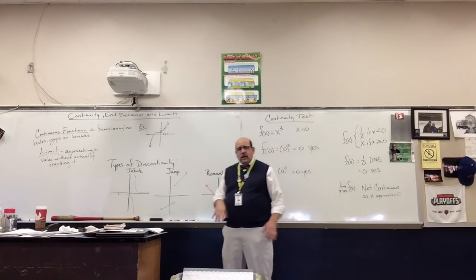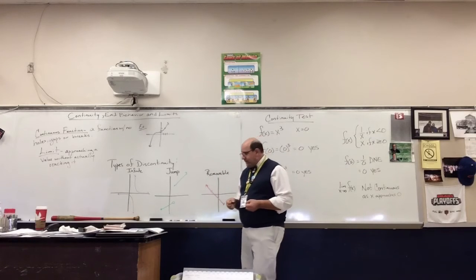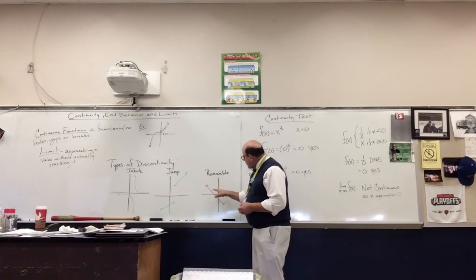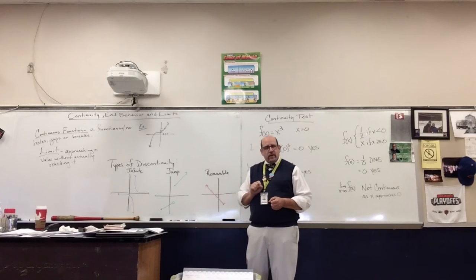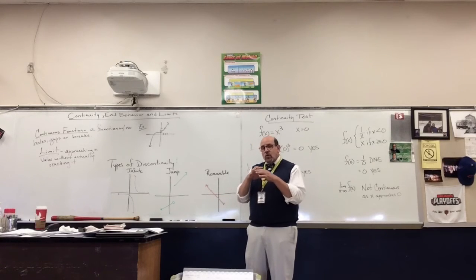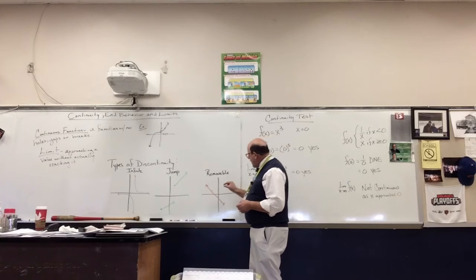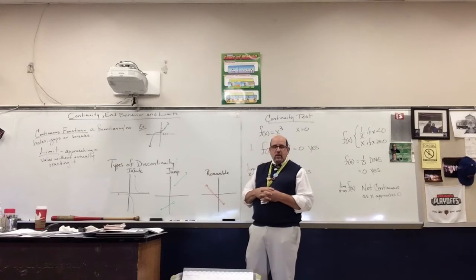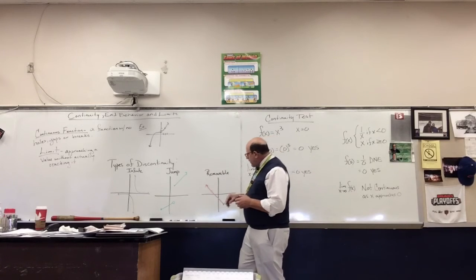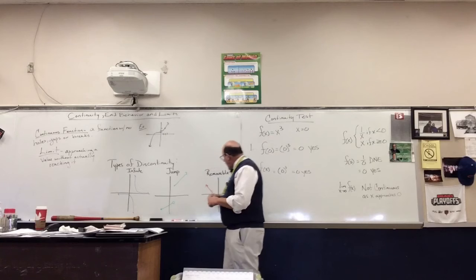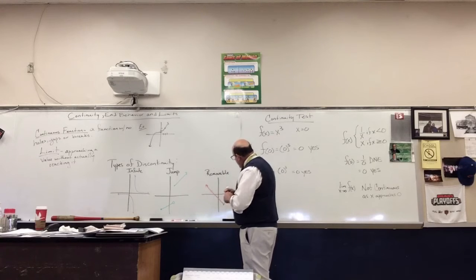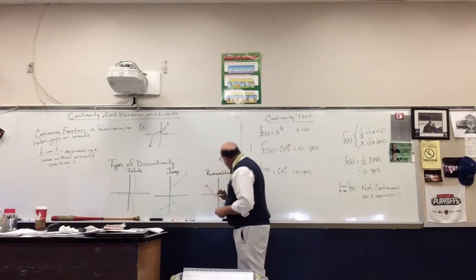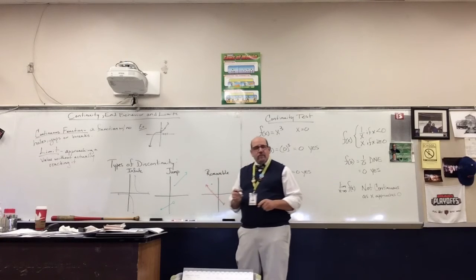And last but certainly not least, there's a removable discontinuity. The removable discontinuity says that there's just one point that's been taken out of it. It doesn't work for one single point. But if you filled it in, you could have a complete continuous function. Maybe that point at that particular spot, you just pop up here, boop, and then you get right back into that function.